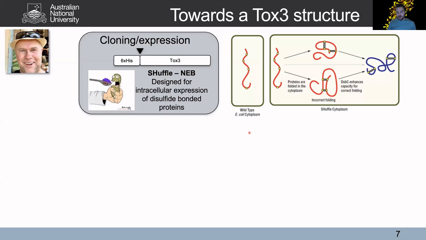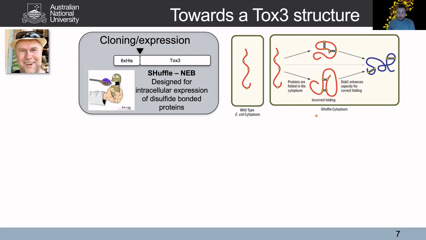SHuffle was designed in a way to promote disulfide bonding in the cytoplasm of the E. coli cells, and so it has a number of genes knocked out, which promote the reduced environment of the cytosol in E. coli. But it also overexpresses a protein called DsbC in the cytosol. And this is actually really important and involved in shuffling of disulfide bonds and correctly pairing disulfide bonds.